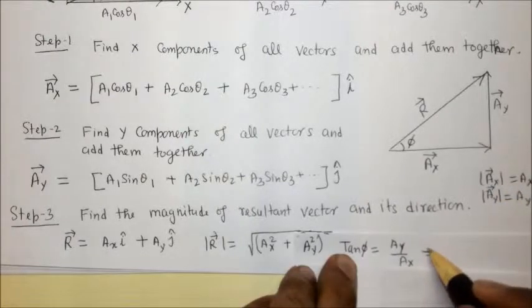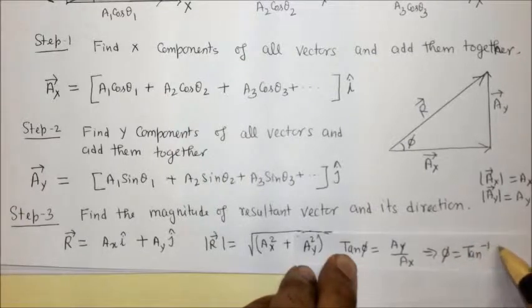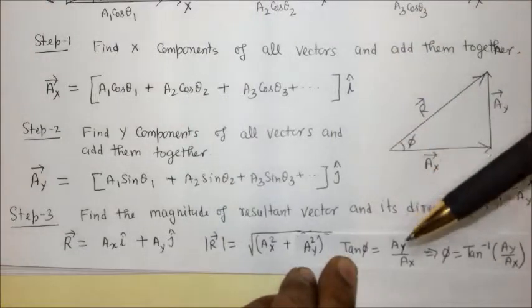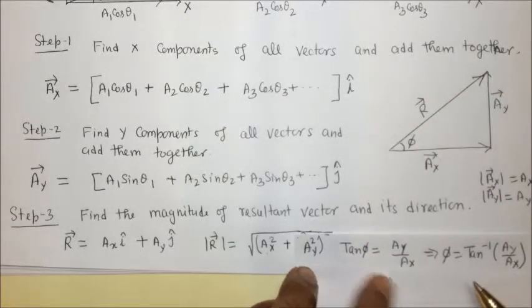So phi will be tan inverse of ay over ax. That's how you use the analytical method or component method to find the resultant of several vectors and the angle of the result.